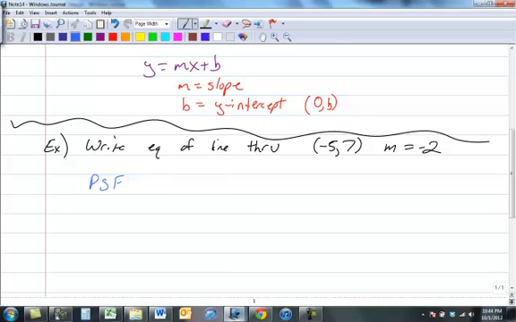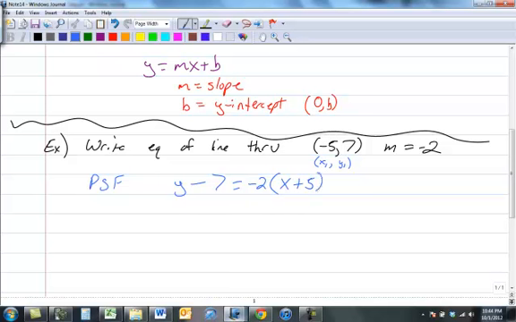Here's what it should be. Should be y minus. No, you take the y coordinate. Y minus y sub 1. Think of this as x sub 1. This is y sub 1. And of course, that's m. So y minus 7 equals m, -2 times the quantity of x minus x sub 1. Now, minus -5, that's the same thing as plus 5.